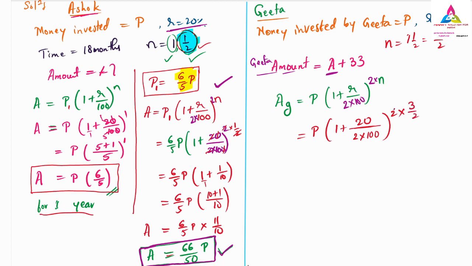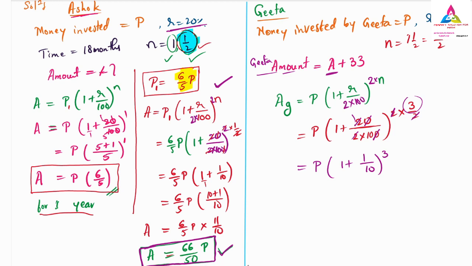You can see here this 2 and 2 get cancelled. Now the answer remains 3. So I have written that time n is equal to 3. So don't get confused over that. Obviously it is similar, 6 months plus 6 months plus 6 months, it is 3 only. So here the calculation again, 2 1s are 2, 1s, so remaining will become here P, and here it will remain 1 plus 1 by 10 raised to 3 we are going to get.